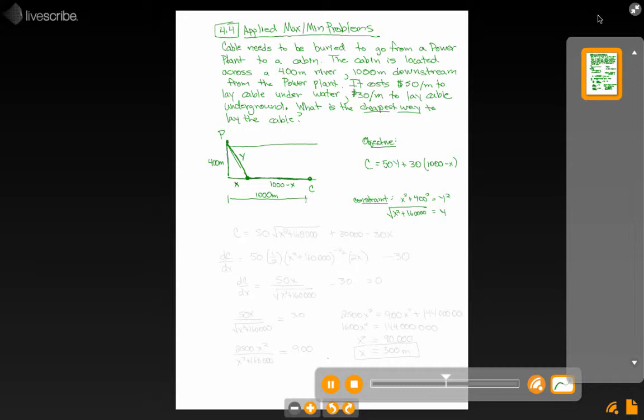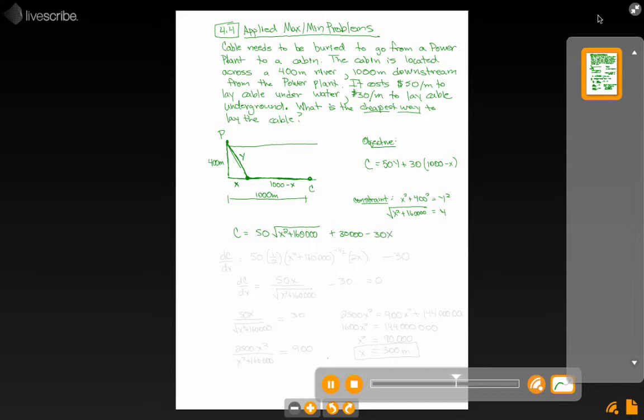So we can substitute that into our cost equation. Say cost equals 50 times the square root of x squared plus 160,000, plus, and let's multiply 30 times 1,000, so 30,000 minus 30 times x.